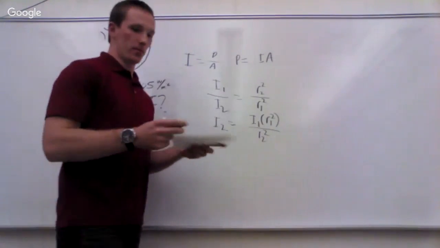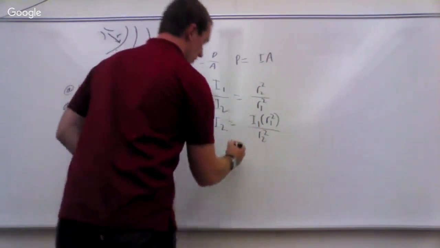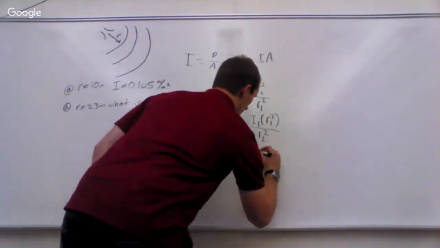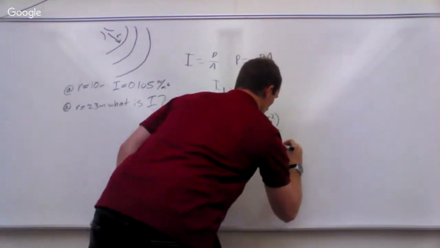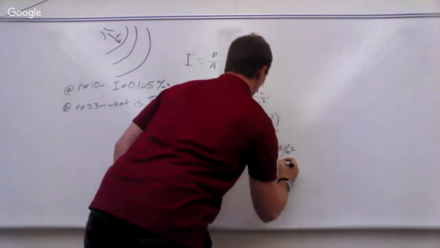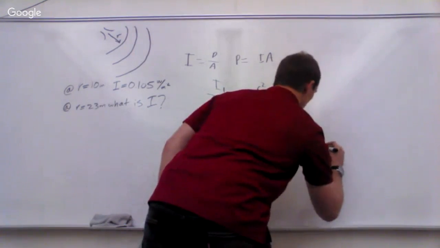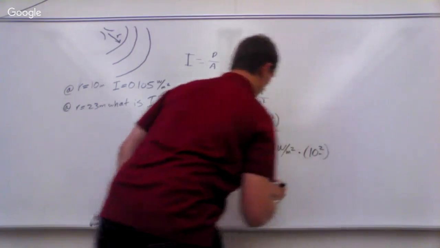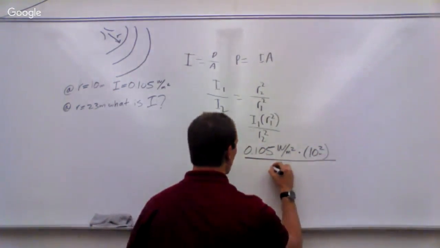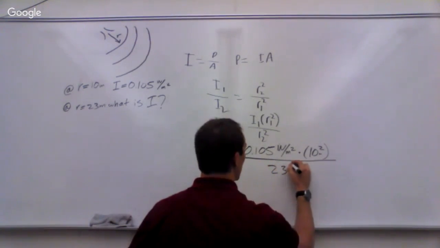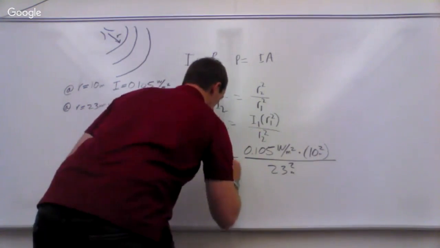Simply plugging and chugging here, we have our I1, which is 0.105 watts per meter squared, times our radius 1, which we know is 10 meters squared, over our radius 2, which we know to be 23 meters squared, and that will be our intensity 2.